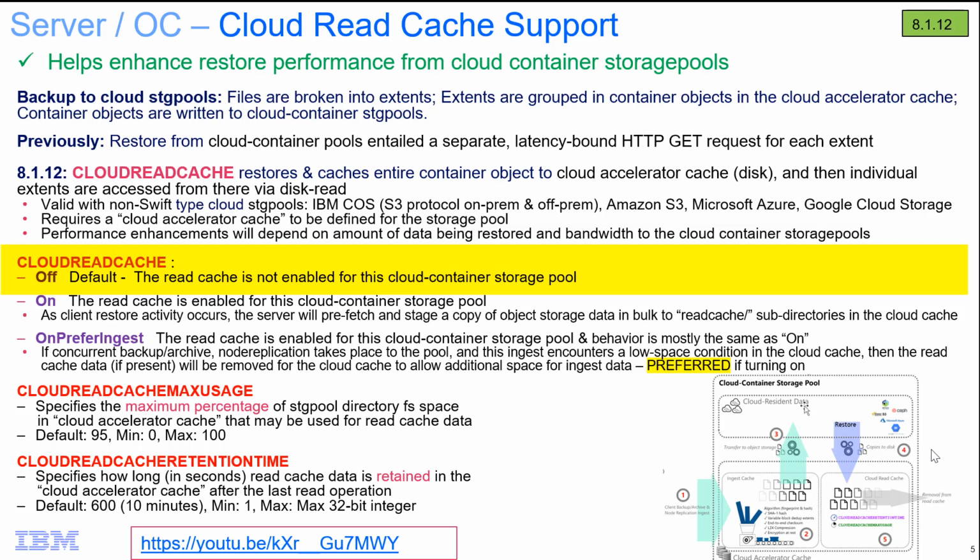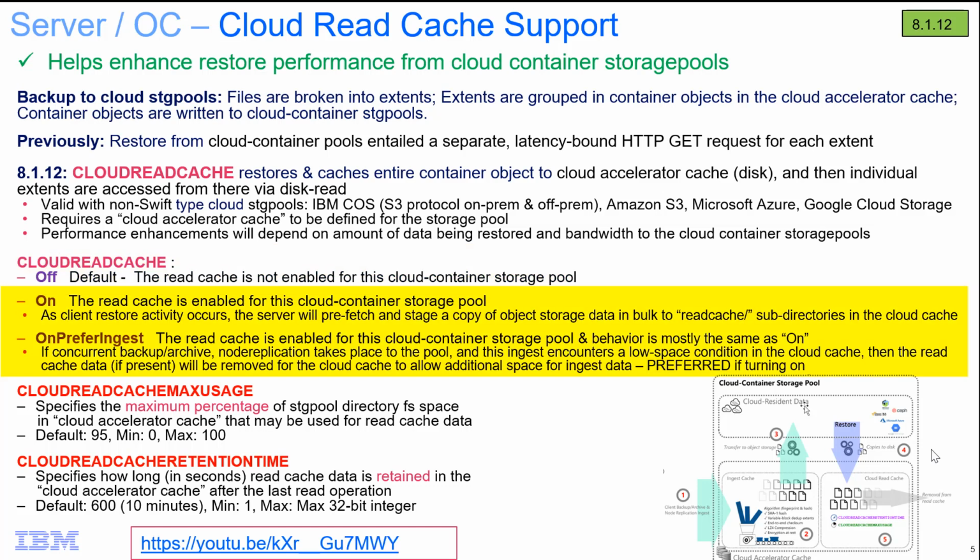In order to utilize this Cloud Read Cache, we have it turned off by default, which means you'll just continue to read the individual extents. If you want to turn it on, you have two options. Either on, which enables the read cache to be utilized, and we will basically prefetch and use most of the space that's out there in our Cloud Accelerator cache. We also have on prefer ingest, and this is actually our preferred setting if you're going to turn it on.